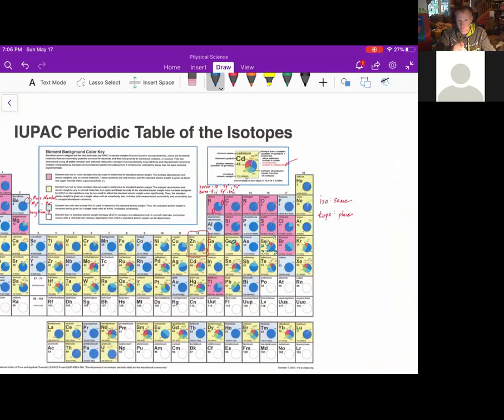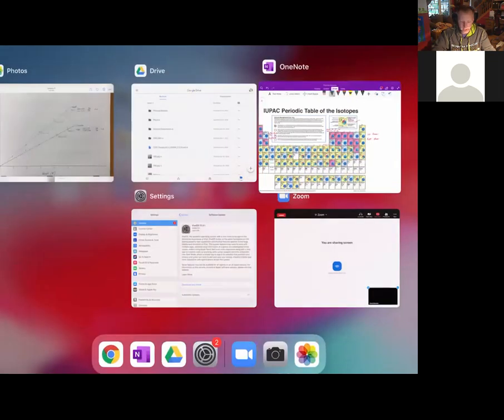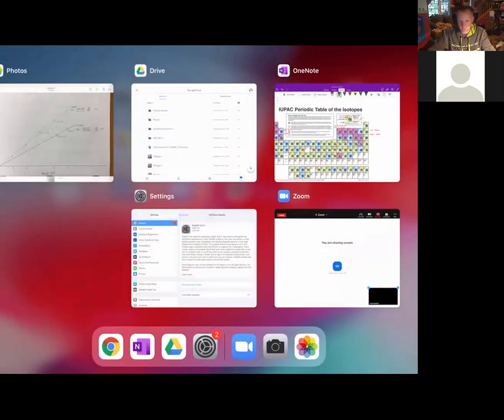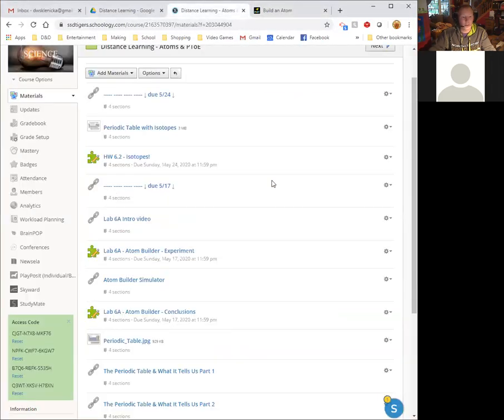I did want to go back and show you this again. So I will get out of this one. I can share myself here. Go back to the browser. And right here is our new periodic table.